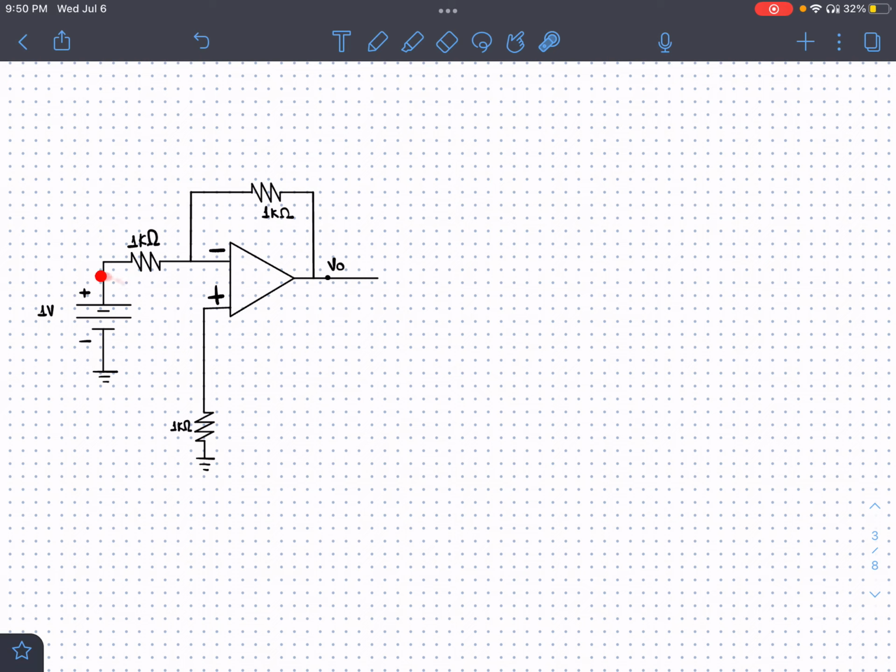This is an inverting op-amp. How do we know? Because the voltage source is connected to the negative pin, and the feedback loop will always be connected to the negative pin as well.